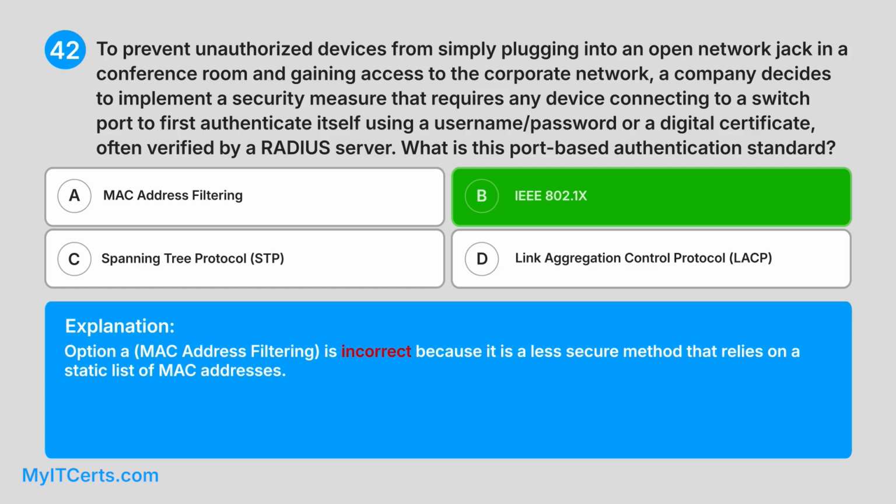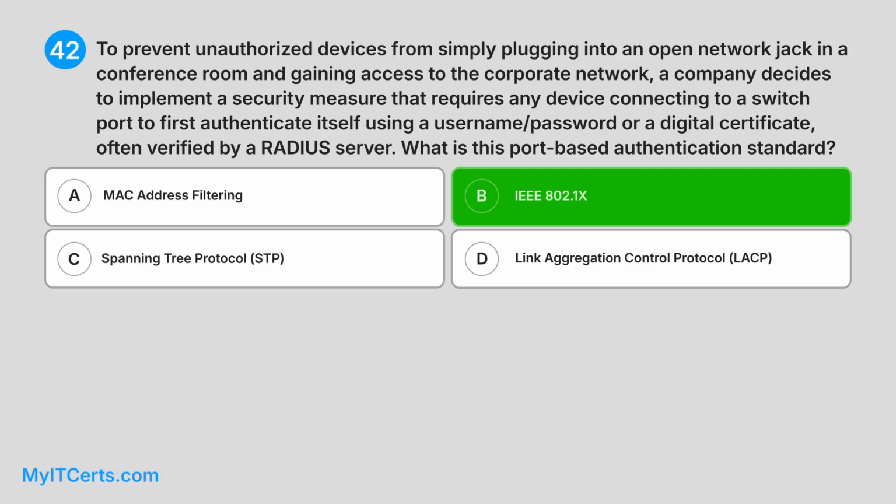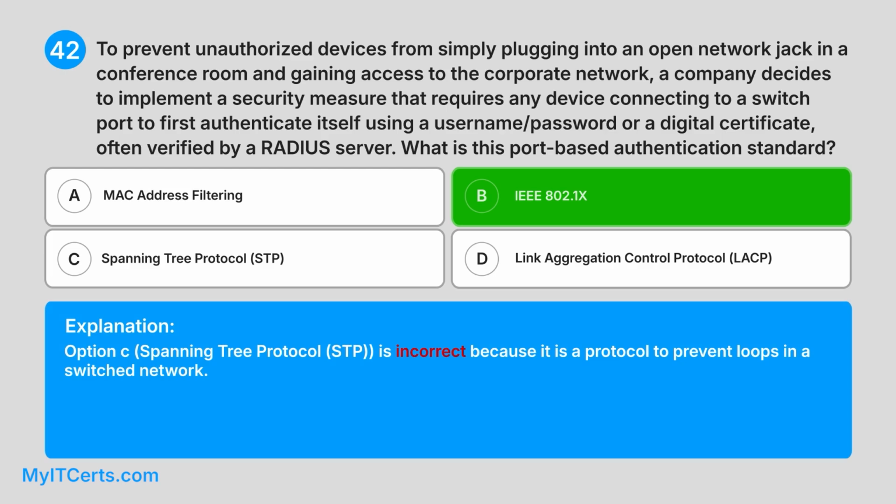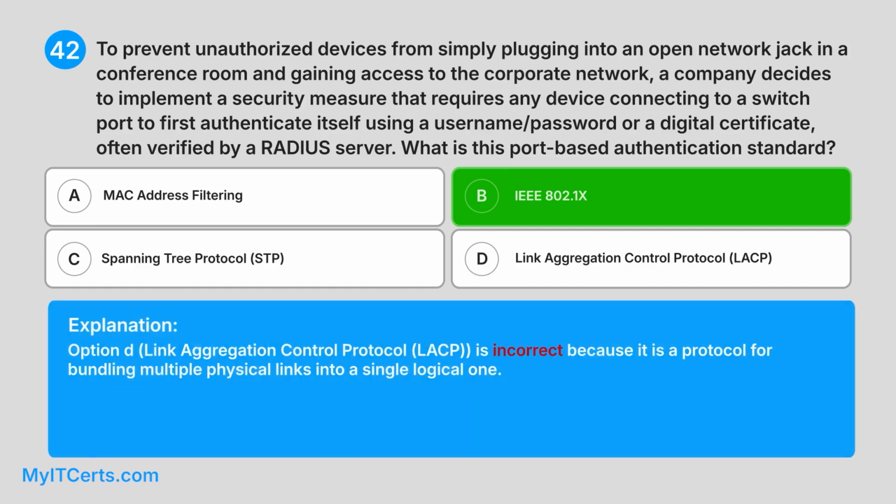Option A, MAC address filtering, is incorrect because it is a less secure method that relies on a static list of MAC addresses. Option C, Spanning Tree Protocol, STP, is incorrect because it is a protocol to prevent loops in a switched network. Option D, Link Aggregation Control Protocol, LACP, is incorrect because it is a protocol for bundling multiple physical links into a single logical one.